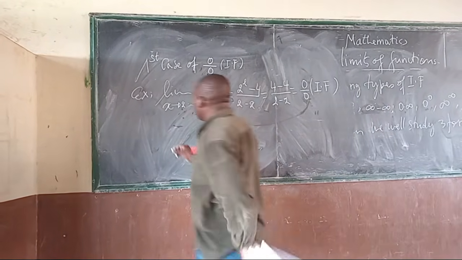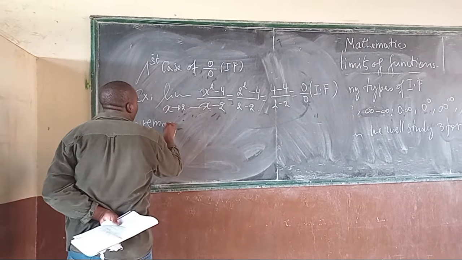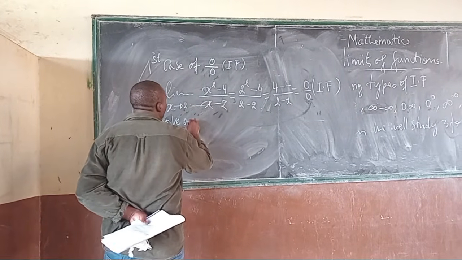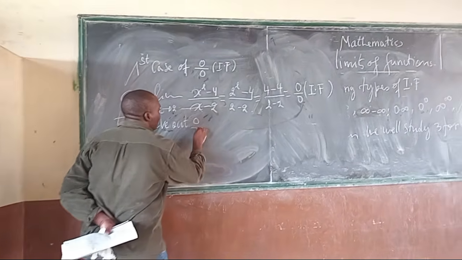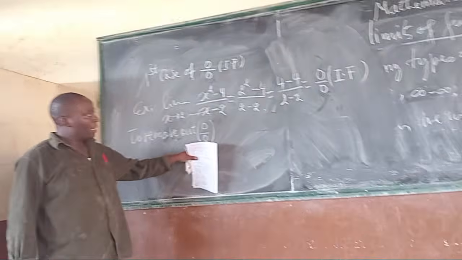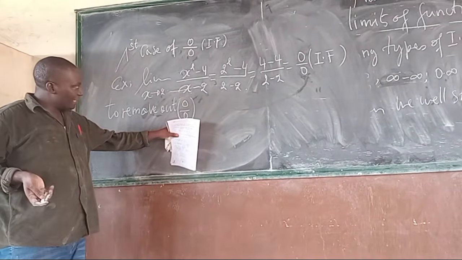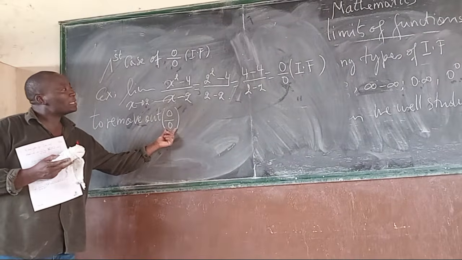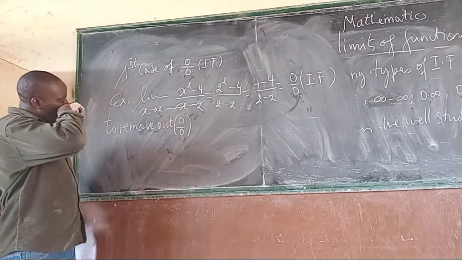Then to reject, or to remove, this barrier 0 out of 0, this indeterminate form, we are going to apply the technique called factorization, so that I can remove this form in the process of getting the limit of our given function.